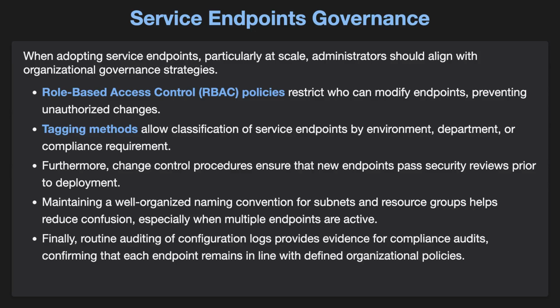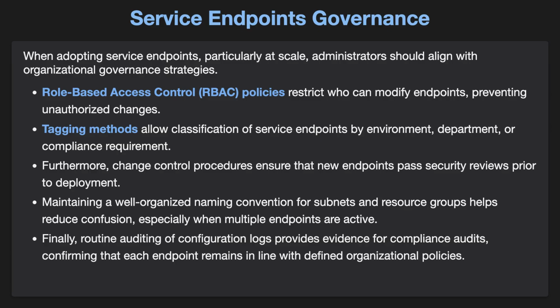When adopting service endpoints, particularly at scale, administrators should align with organizational governance strategies. Role-based access control, RBAC, policies restrict who can modify endpoints, preventing unauthorized changes. Tagging methods allow classification of service endpoints by environment, department, or compliance requirement.